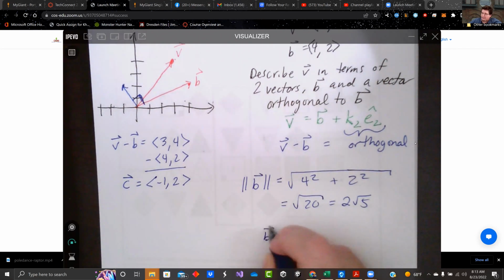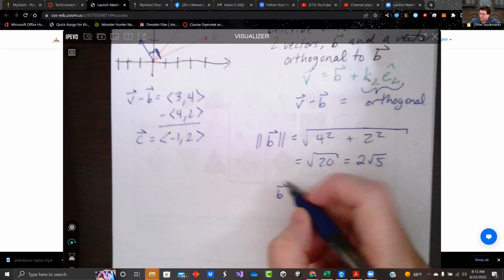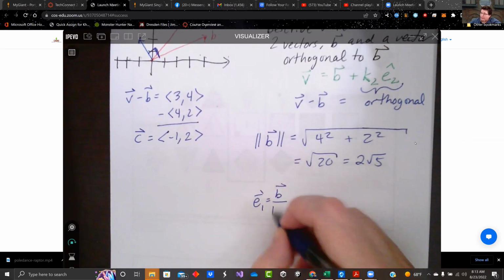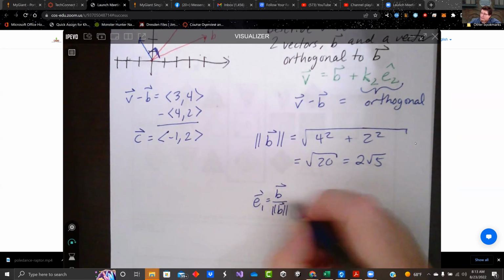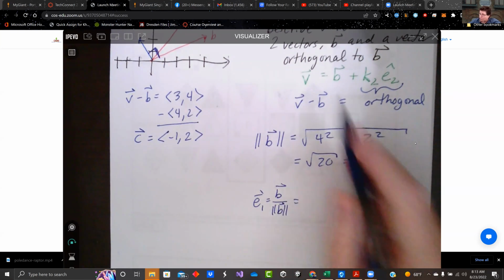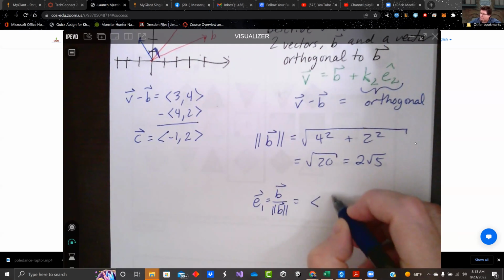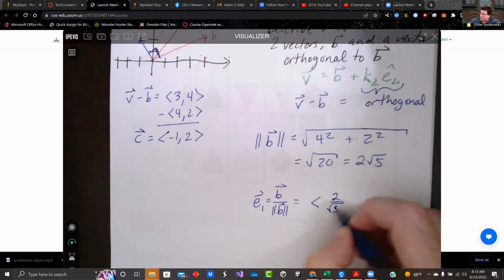So the unit vector for B, let's call it E1, B divided by the magnitude of B is 4, 2 over 2 root 5. We get 2 over root 5, 1 over root 5.